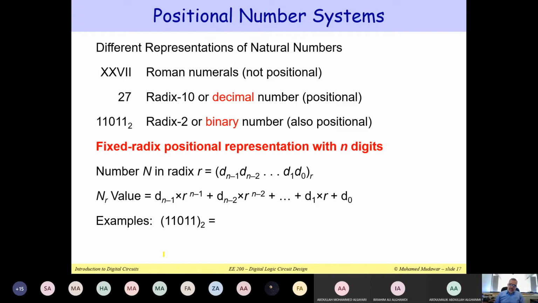So what we have seen in the previous slide is what we call a positional number system. Positional means that every bit or every digit has a position in the number. Now, in the past, the Romans invented their own number system and their own numerals. They used letters to represent numbers. According to the Roman number system, X means 10.